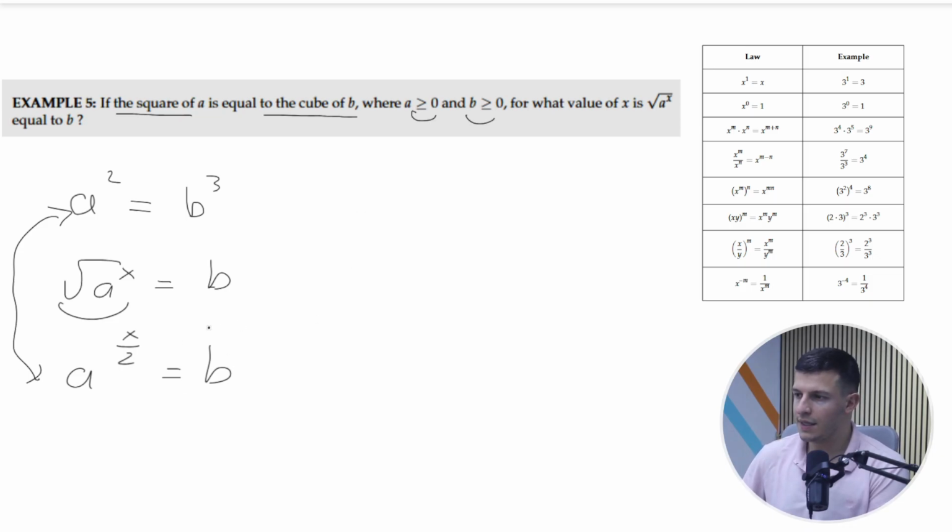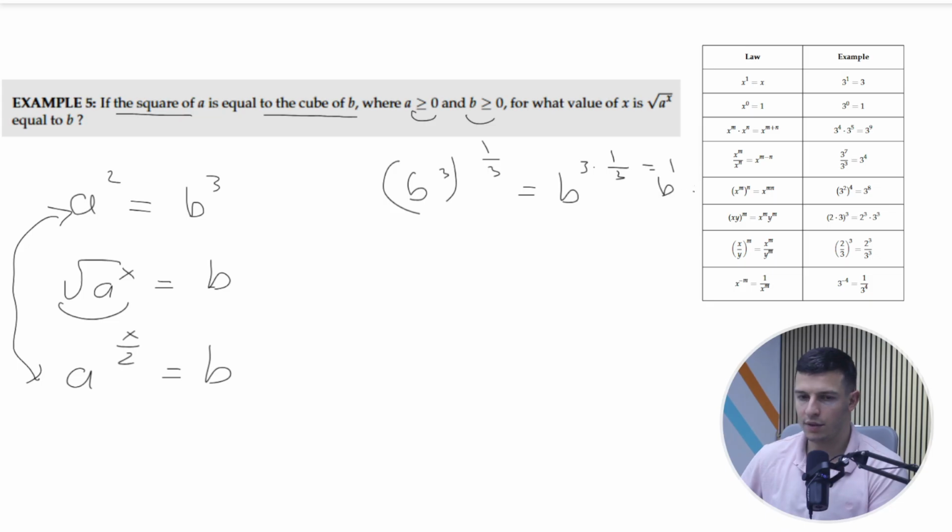Now I see that on the right side b cube became b, which means what? Which can mean a lot of things, but let's see, for example, if I do b cube to the power of 1/3, that would become b to the power of 3 times 1/3, which is 1.